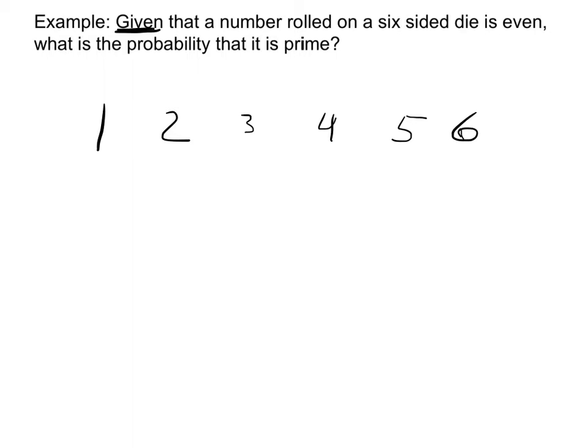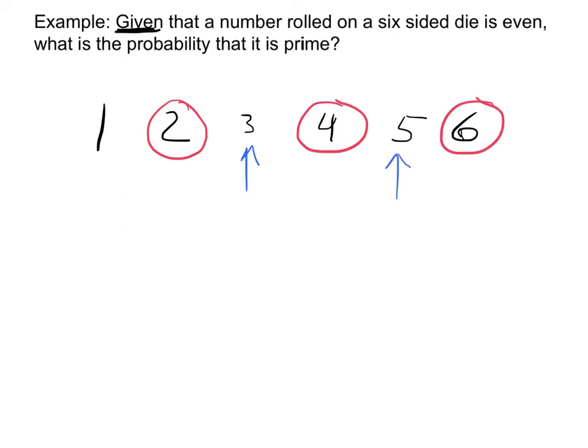When it says given that a number rolled on a six-sided die is even, it means you are restricting your sample space. So I am restricting myself to only looking here, here, and here. The other things might as well not have happened. If I rolled the thing and I got a 5, that's not what I'm talking about here. Given that it's even, what is the probability that it's prime? Prime numbers, sure, there's a 3 here, that's prime, there's a 5 here, that's prime. Cool, don't care about those, because I am only looking at my restricted sample space of the 2, the 4, and the 6.